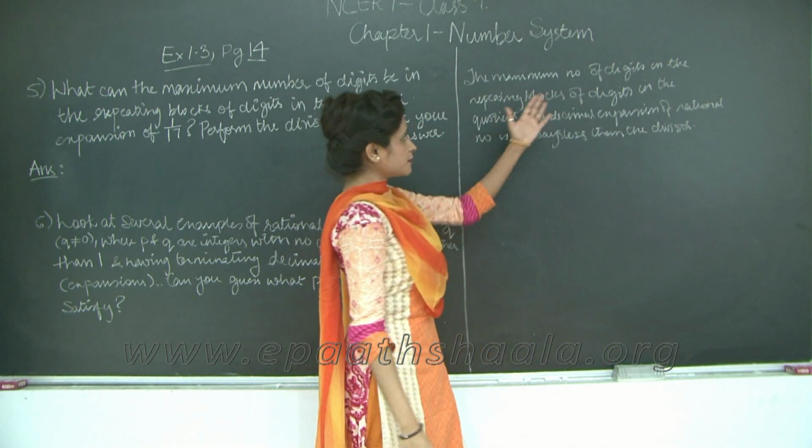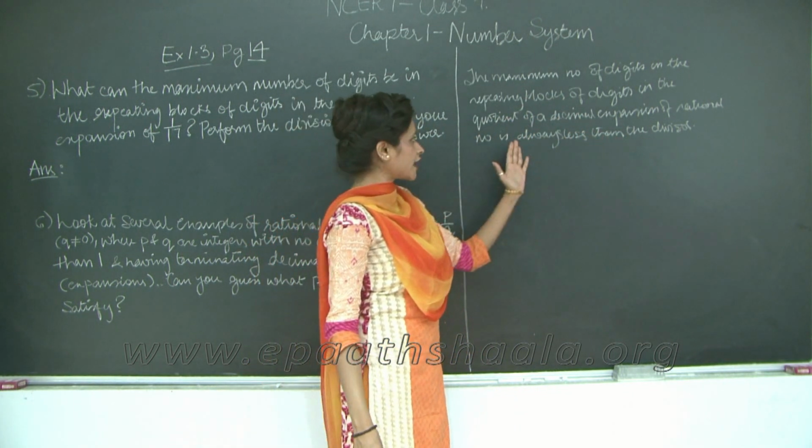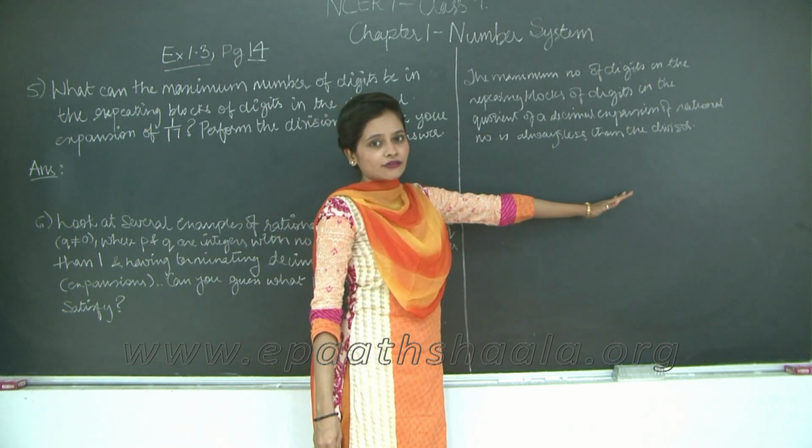Right? So the maximum number of digits in the repeating blocks of digits in the quotient of a decimal expansion of a rational number is always less than that of the divisor.